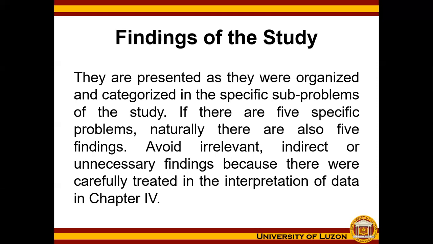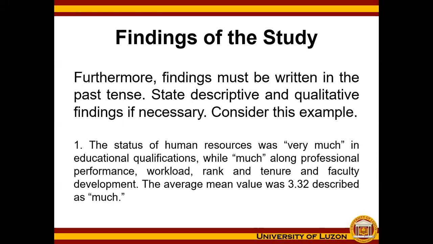Therefore, if you have as part of your statement of the problem three specific questions or subproblems, then there will be three sets of findings that you will have under this particular section of the fifth chapter. So you will need to avoid irrelevant, indirect, or unnecessary findings because they were carefully treated in the interpretation of data. So that's for the findings of the study. In addition, findings must be written in the past tense form.